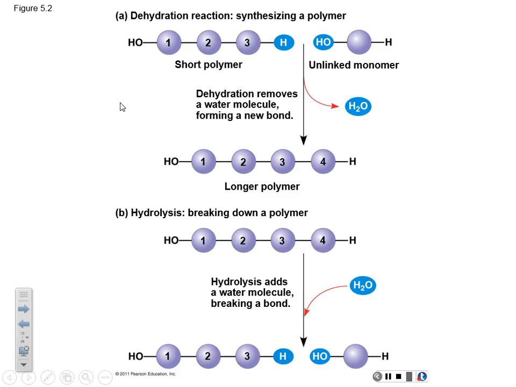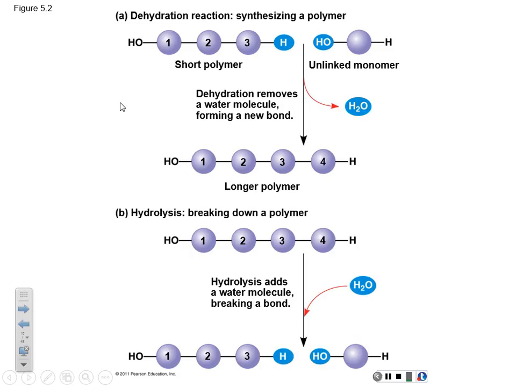Break it down, right? De means off or removing. Hydr or hydrae here is water, and tion, I don't know, again, you guys come up with whatever you want tion to mean, but we're taking a water out. And if you look at what's going on the top part of this image, you'll see that you've got a short polymer, a trimer, because there's just three of those monomers linked together.